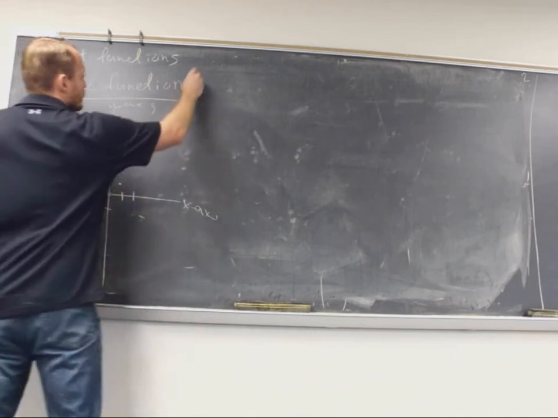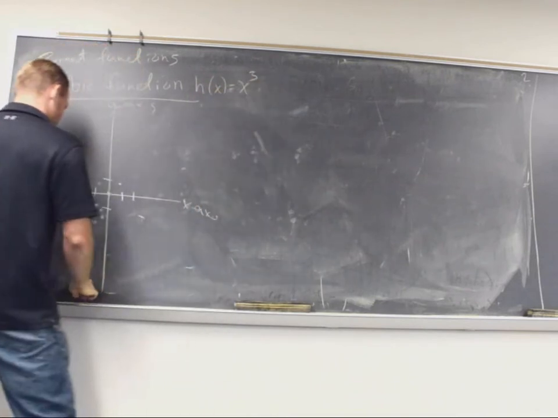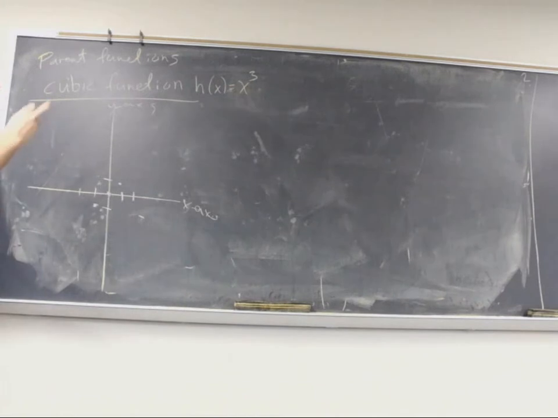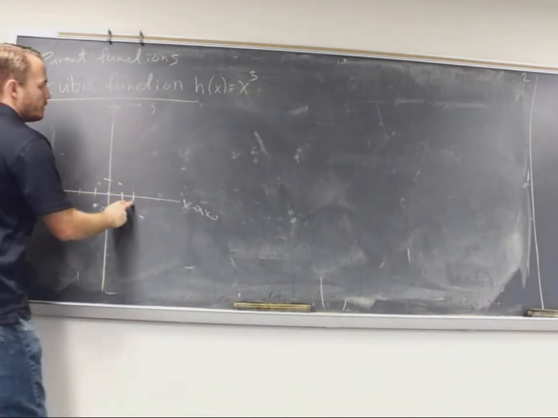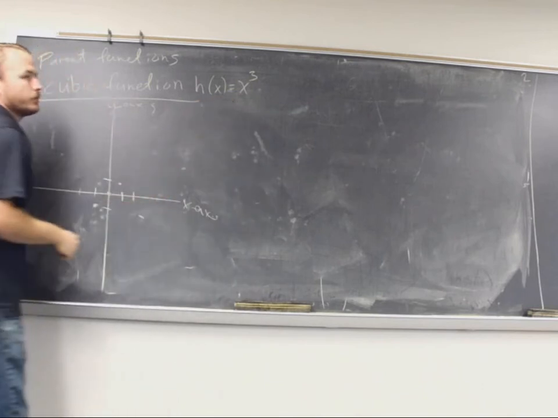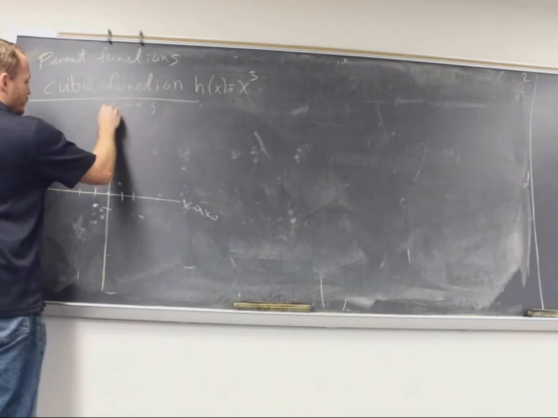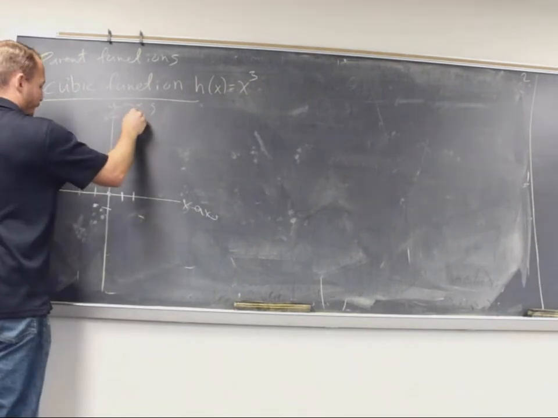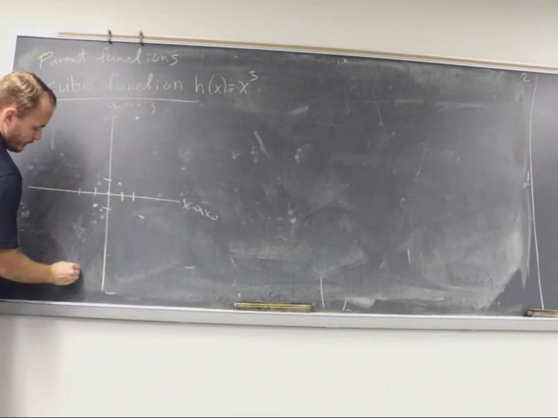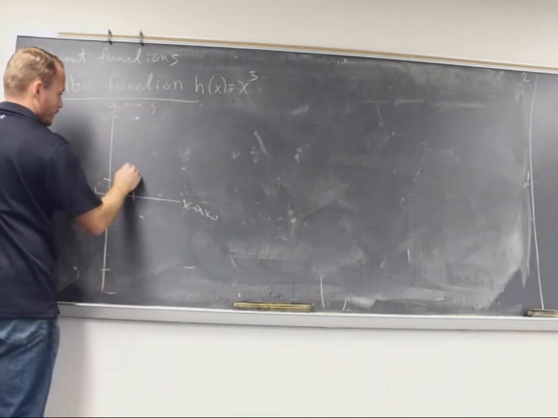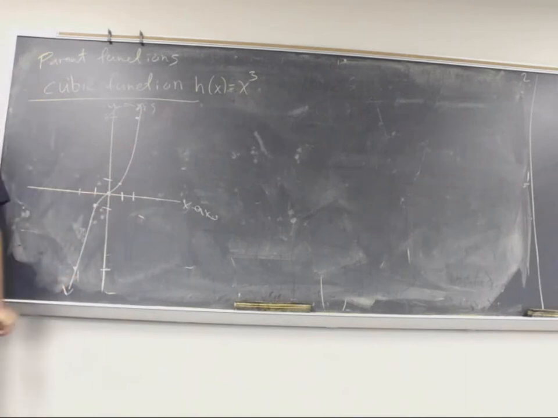And I keep forgetting to write the function for you, but it's x cubed. So 0 cubed is 0, 1 cubed is 1, and then 2 cubed is 2 times 2 is 4, times 2 again is 8. So that would give me a point up here at 8 for 2. And then a -2 would give me a -8 down here. And that is h of x.